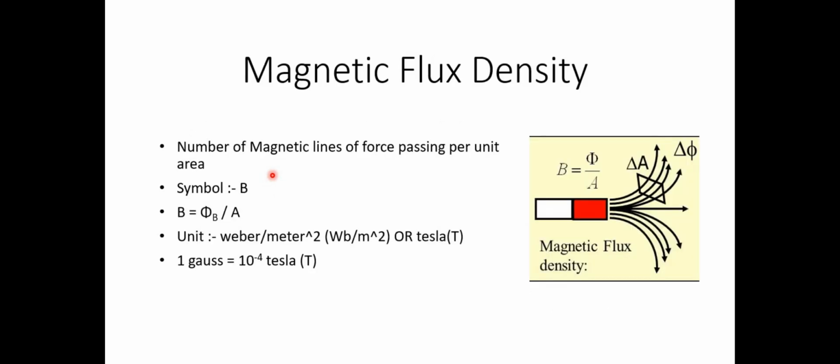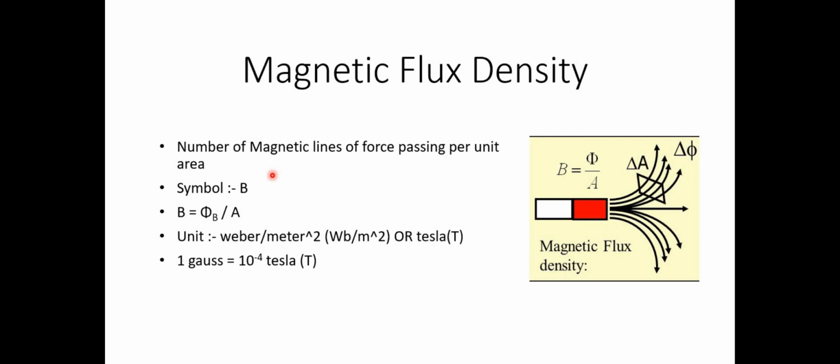Next is magnetic flux density, that is represented as B. The total number of magnetic field lines around the magnet is referred to as flux, but the total number of magnetic lines under a particular area, that is per unit area, is defined as magnetic flux density.